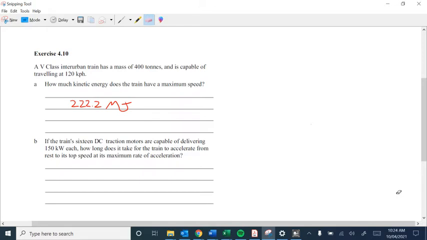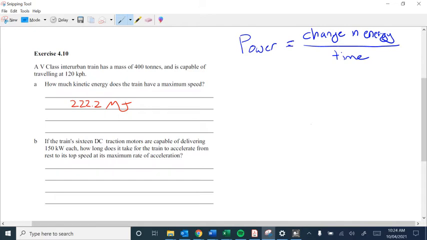You can understand that as, power equals change in energy divided by time.